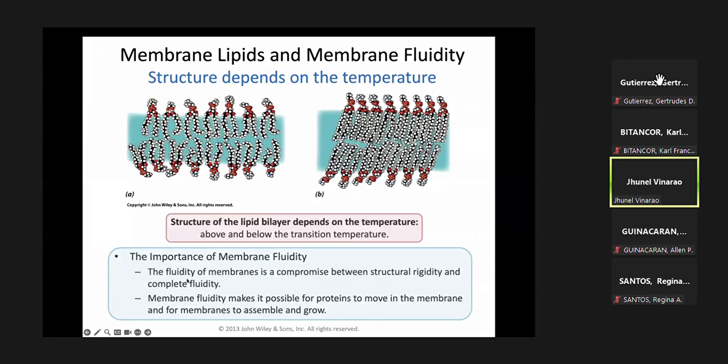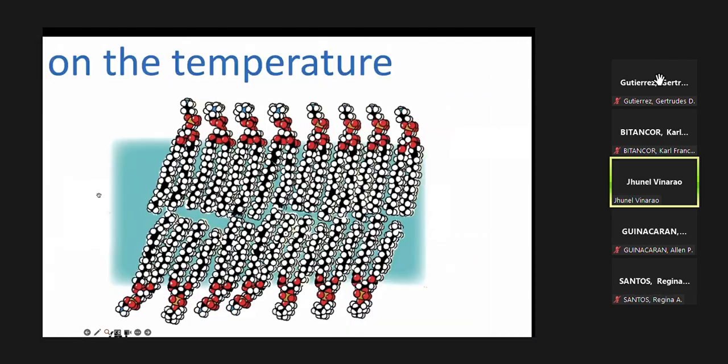So the fluidity of membranes is a compromise between structural rigidity and complete fluidity. Membrane fluidity makes it possible for proteins to move in the membrane and for membranes to assemble and grow. Kasi, ayun nga, kapag let's say may mga proteins dito, kailangan nilang mag-move kasi.